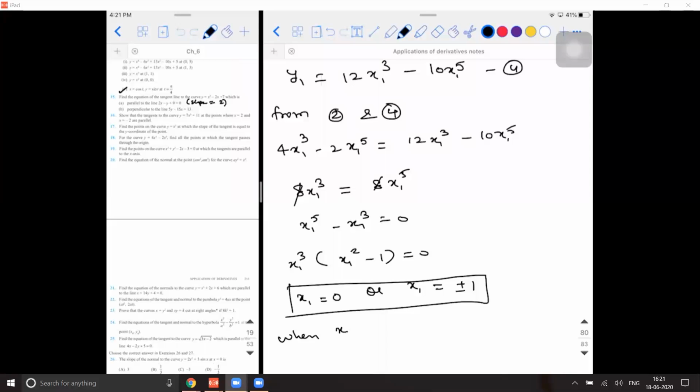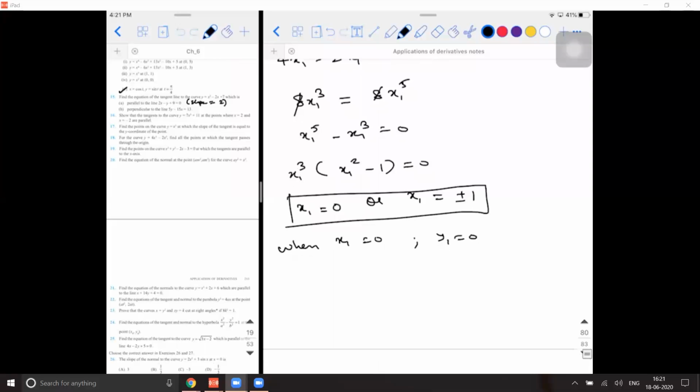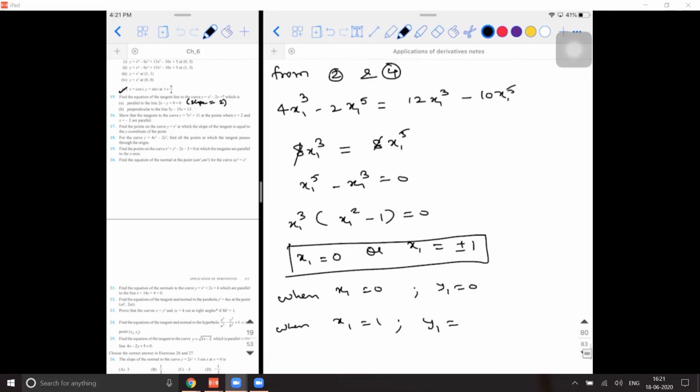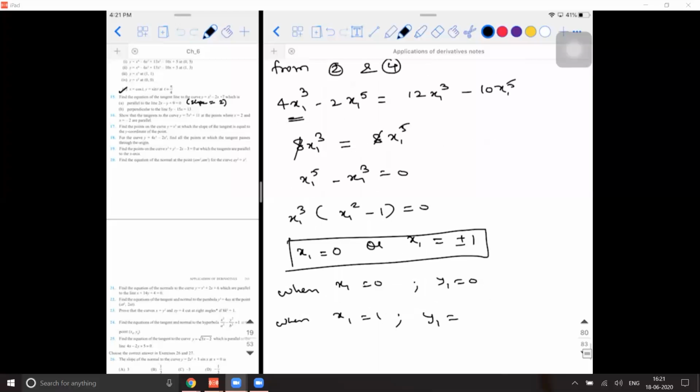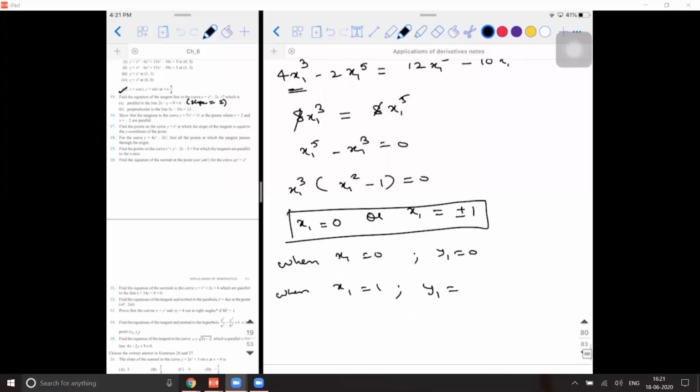So when x1 is equal to 0, obviously y1 will be 0 because one of the points is origin. Similarly, when x1 is equal to 1, what is the value of y1? It is 2.